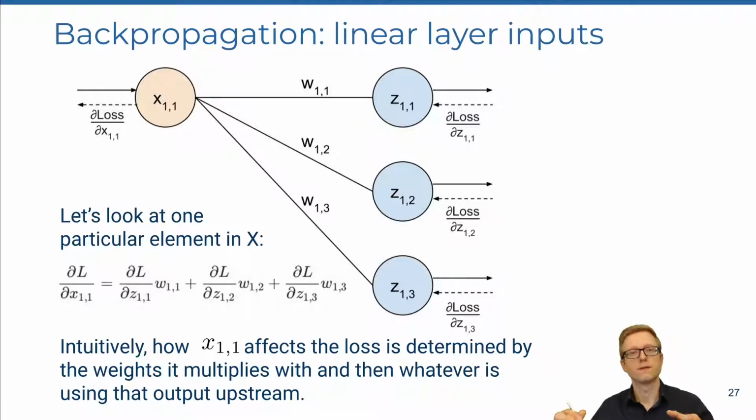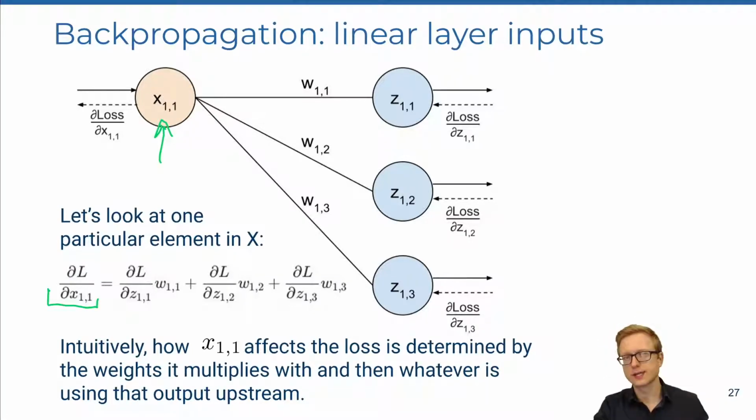Now let's focus down even a bit more and look at only one particular element in X. So let's look at x11. Let's try to figure out how to calculate the partial derivative of the loss with respect to that one particular element. So that's the equation here.